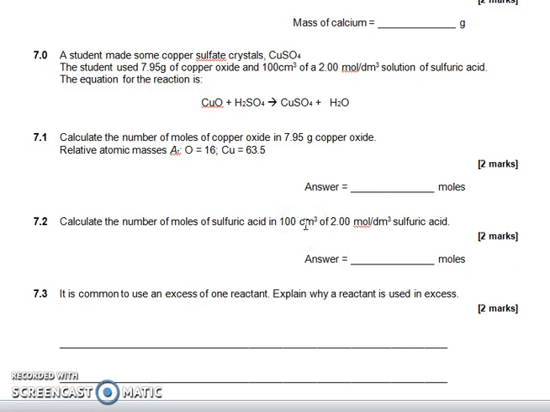So the first step, turn that 100 centimeters cubed into 0.1 dm cubed by dividing it by 1,000. Then to find the number of moles, you'd times the 2 moles per decimeter cubed by the 0.1 decimeter cubed, which cancels out the volume and leaves just the moles. So 2 times 0.1 gives you 0.2.